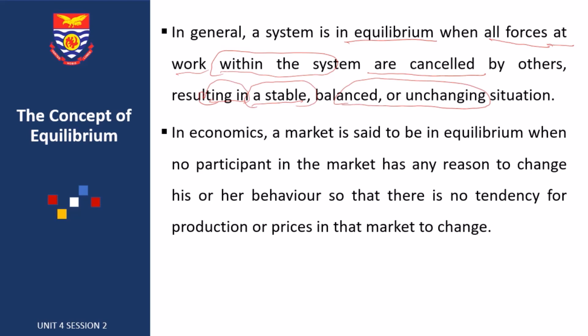In physics, for example, a ball hanging from a spring is said to be in equilibrium when the spring has stretched sufficiently that the upward force it exerts on the ball is exactly counterbalanced by the downward force of gravity.